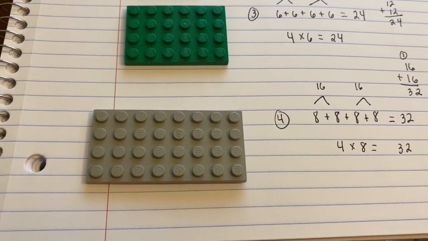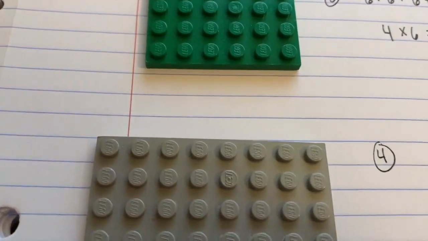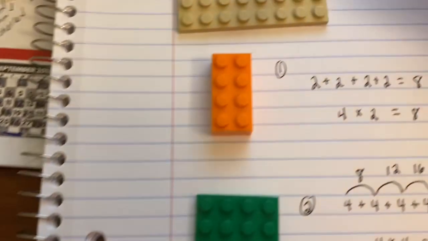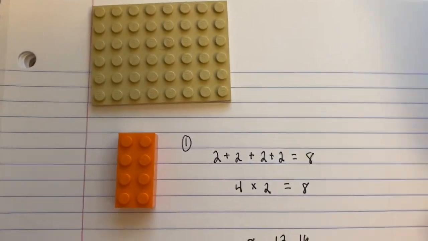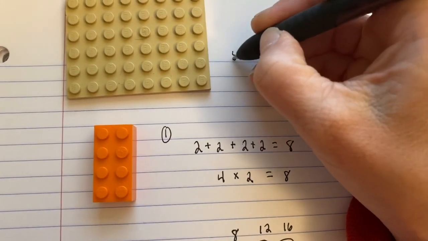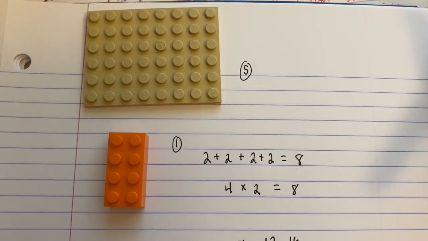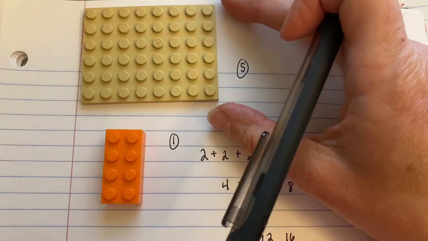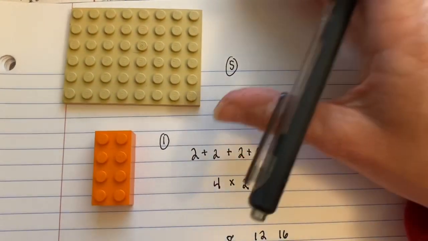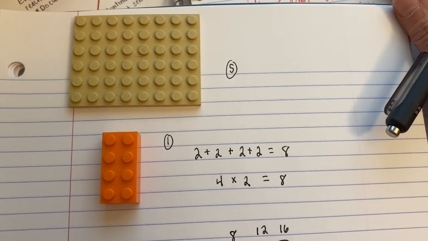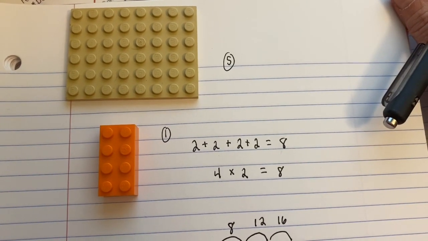All right, challenge problem. Here's a hard one. I'm going to put it up at the top of my paper since I ran out of space. So we're going to say this is number 5. I want you to see if you can write the addition sentence and the multiplication sentence for this last one.